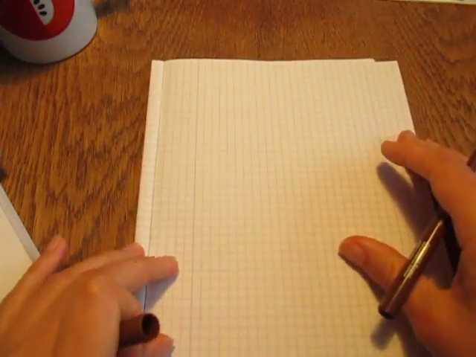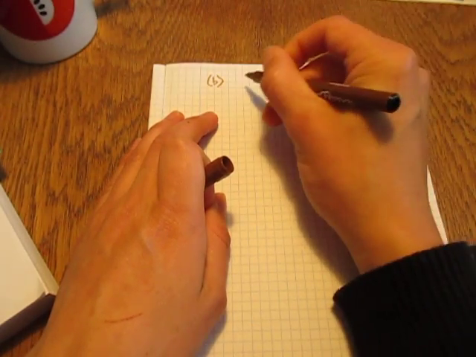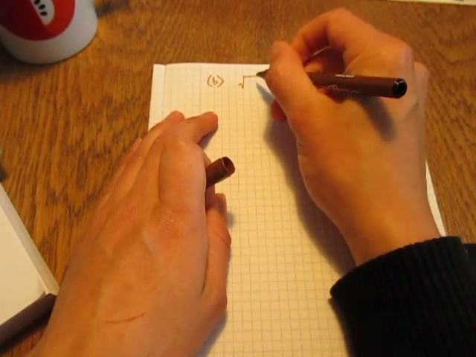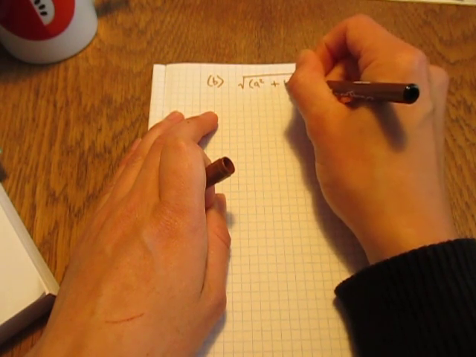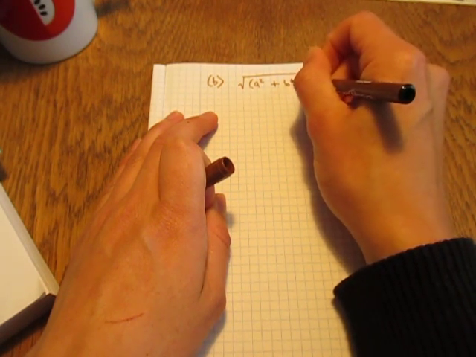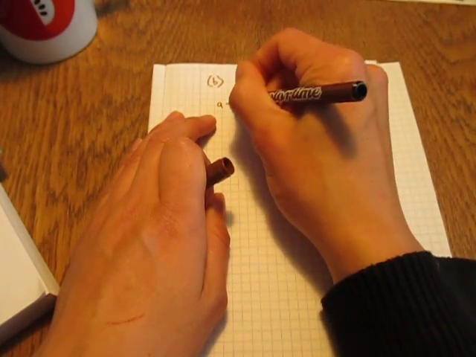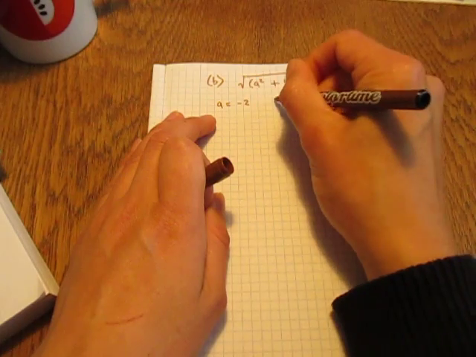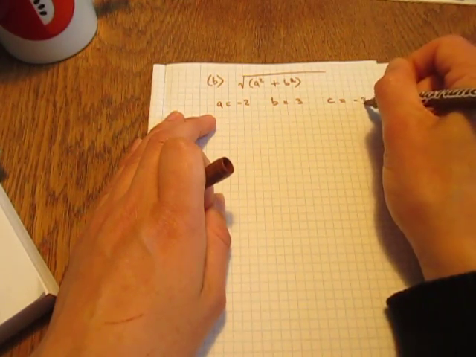Let's do the second example, B. So I want the square root of A squared plus B squared. Okay. I know that A is equal to -2, B is equal to 3, and C is equal to -3.